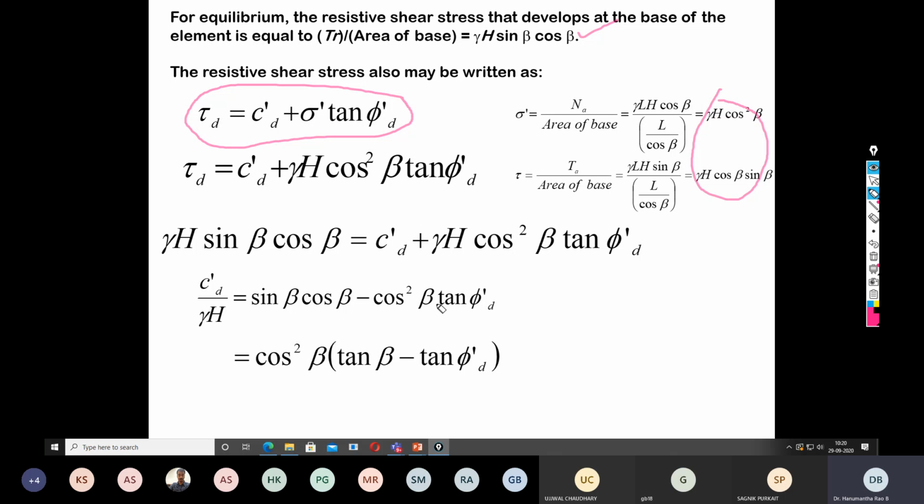Okay, so let us look at this equation carefully. In this equation, beta is the slope angle. We can't change this value. This is fixed. Then for a given soil, we can determine the cohesion component and the angle of internal friction component. Then the density of the soil is known. So then we can determine what should be the critical height.